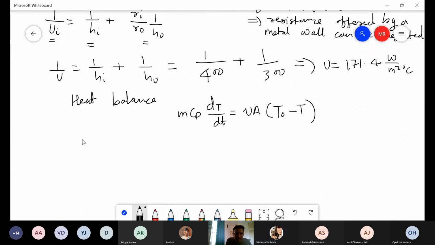So the boundary conditions here are, at t equals 0, T equals T1, that is 24 degrees Celsius, isn't it?